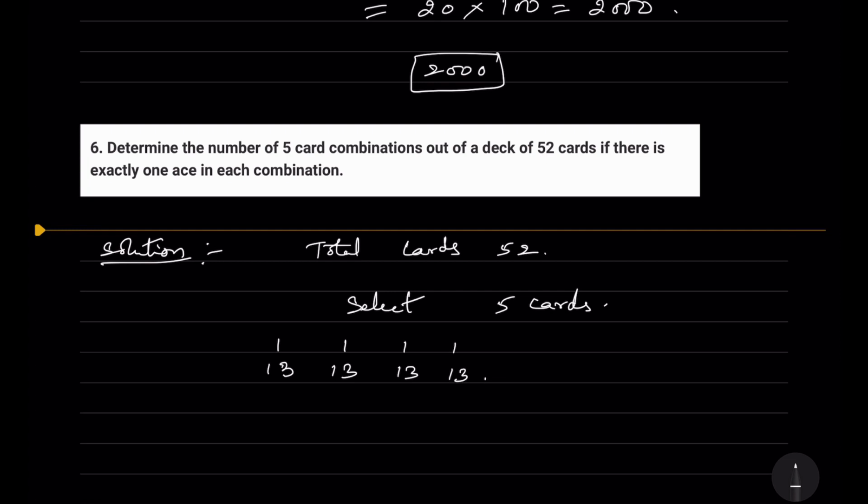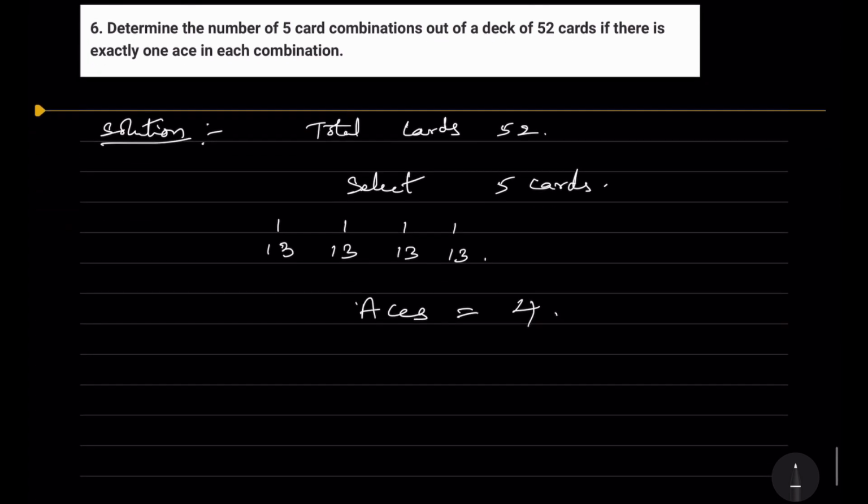So now here, exactly one ace in each combination means you have to select aces equal to 4. Since you are selecting all the aces, the total cards left will be 52 minus 4, because you are removing the aces, that is 48.